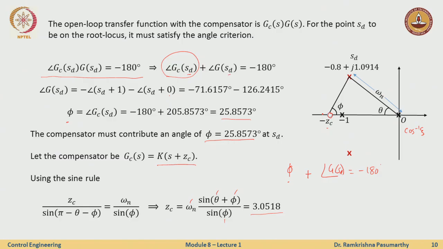I am not really worried about what this k is, because it does not contribute to the angle. So if I place my z_c at this value, then the angle contribution of G_c times G is minus 180 degrees.